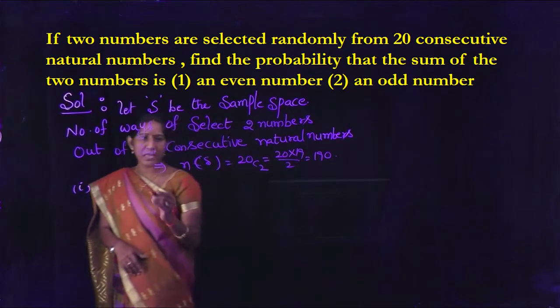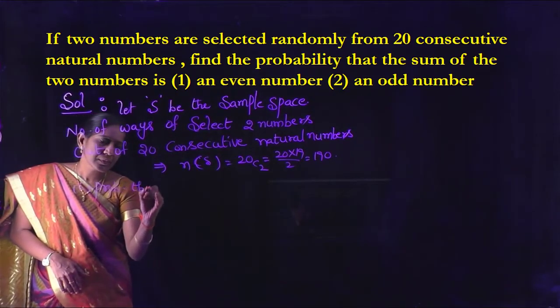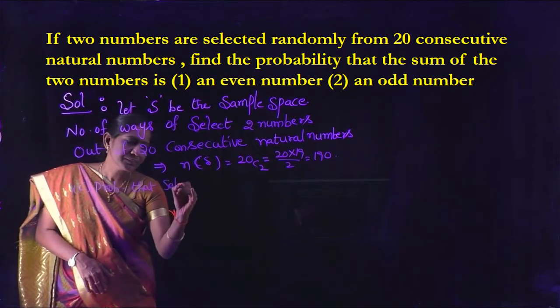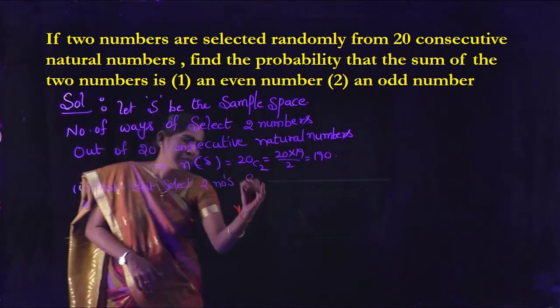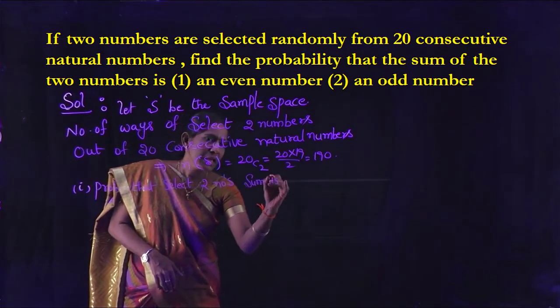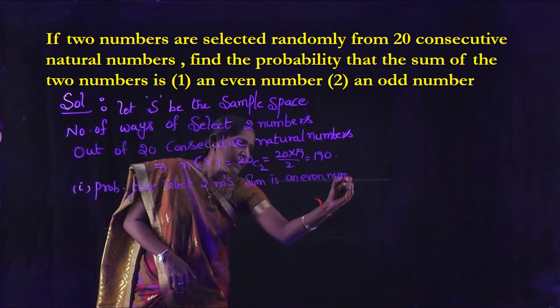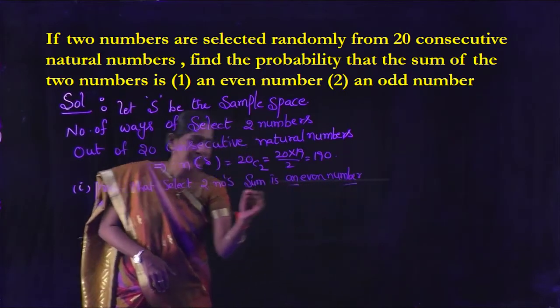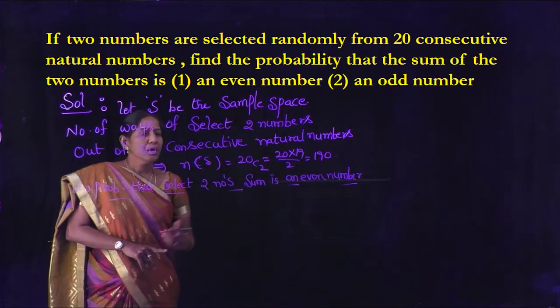So the first one is the probability that the two selected numbers have an even sum.